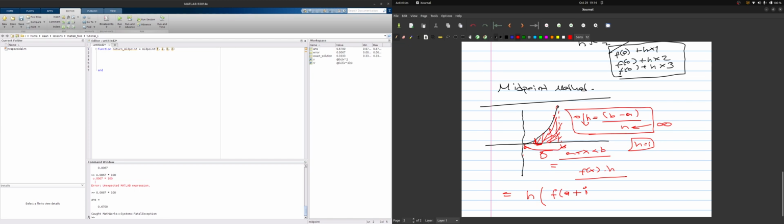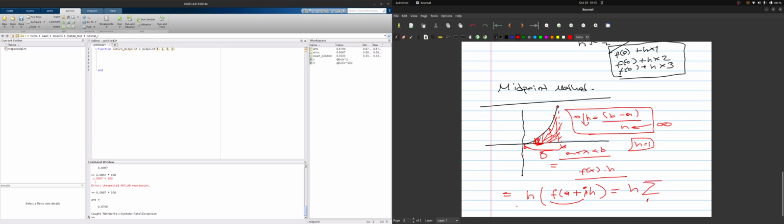Now we have an h like this. We need to take the middle value here and multiply by h, as if this function has already been calculated. So h times f of a plus I times h, and we sum these f's.